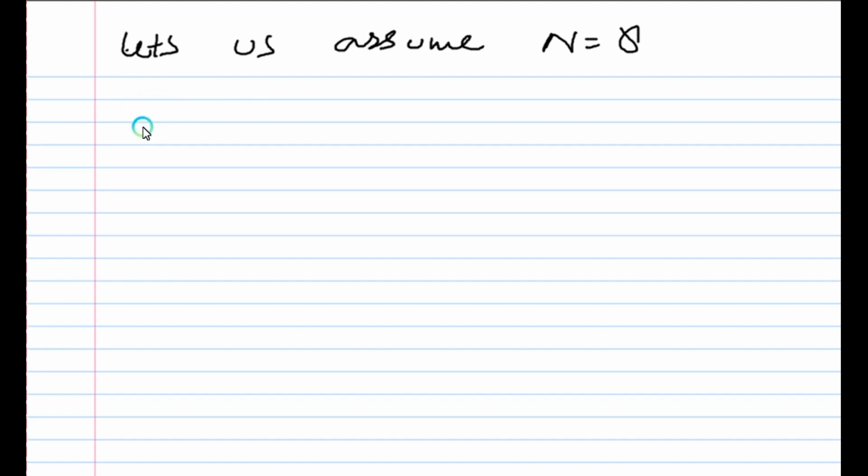So this means the two sequences: g1 of n will be equivalent to x of n plus x of n plus n by 2, fine.